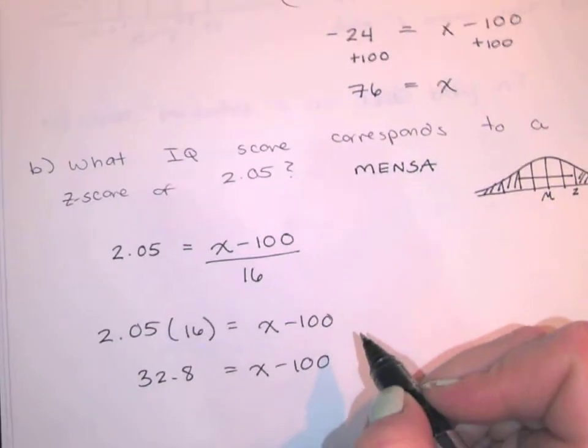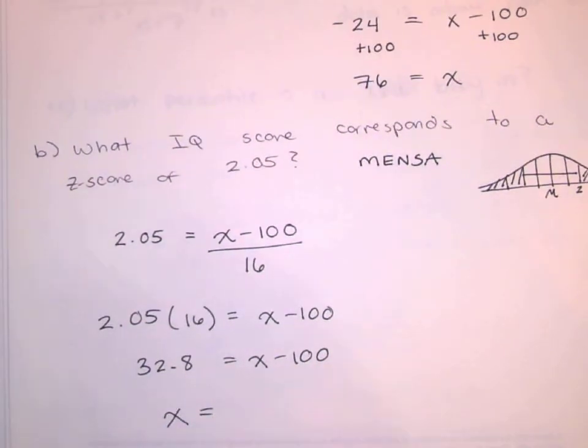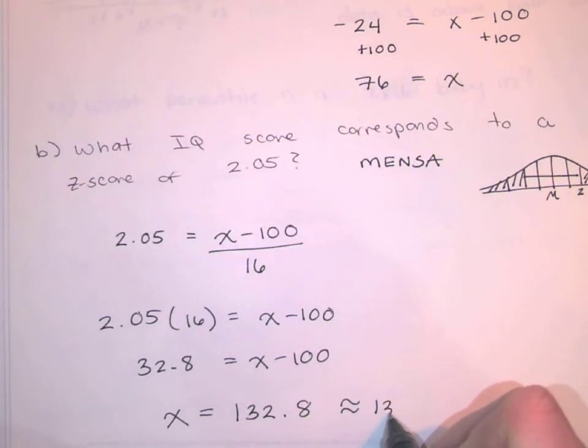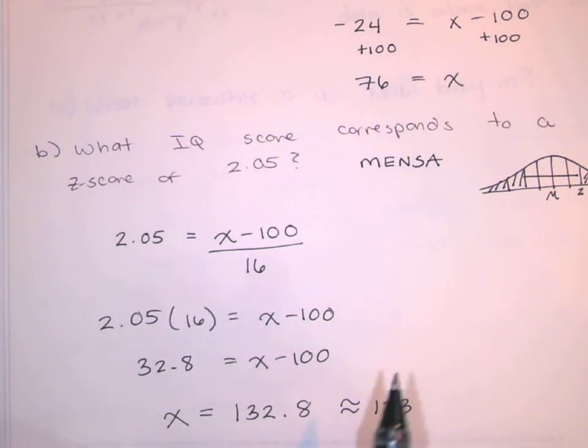And then when we add 100 to both sides, we get that x is 132.8. Which Mensa rounds up to 133. So if you have an IQ of 133 or above, you get to be in Mensa.